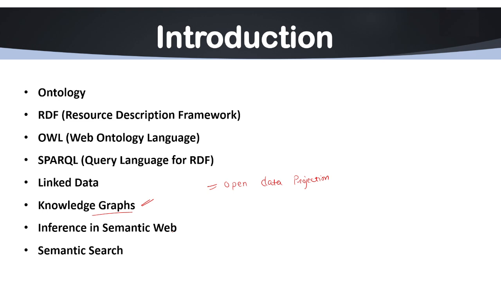Next is inference in semantic web. Basically, it is a network of facts where entities, the nodes, are connected by edges. These are called the relationships. Why is inference in semantic web important?